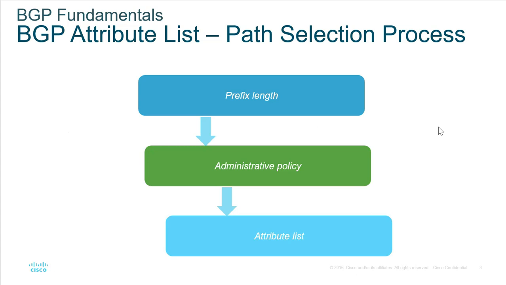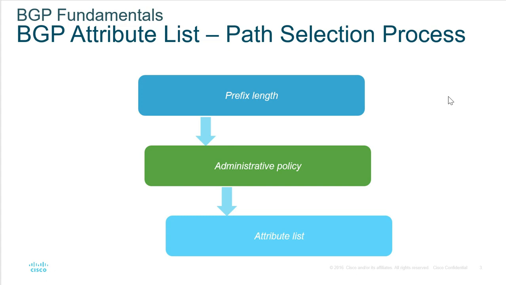So, untuk BGP, proses untuk pilih the best path adalah lebih kompleks daripada EIGRP dan OSPF. Kalau EIGRP, dia punya metrik adalah distance, and OSPF punya metric adalah composite metric like bandwidth, delay dan sebagainya.